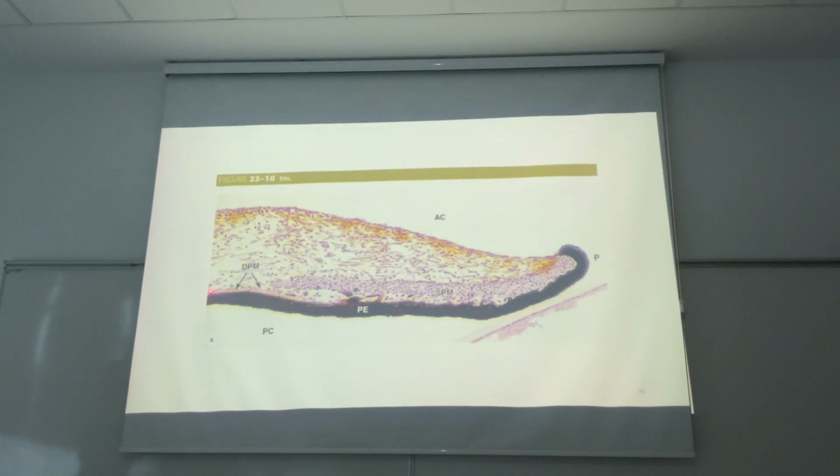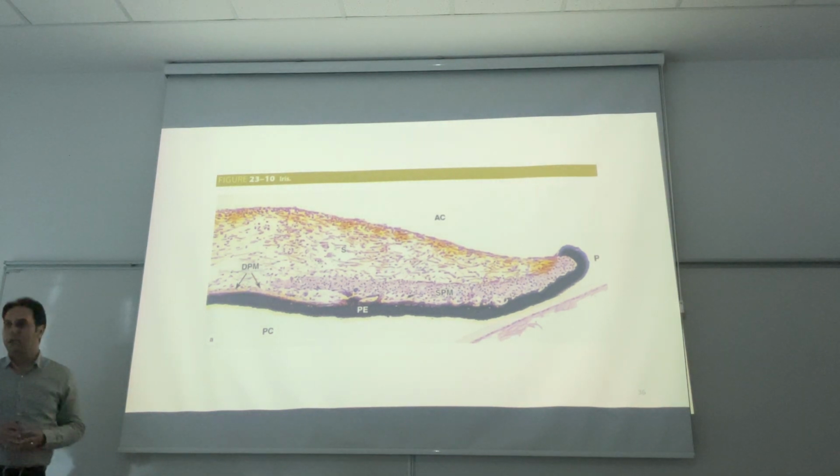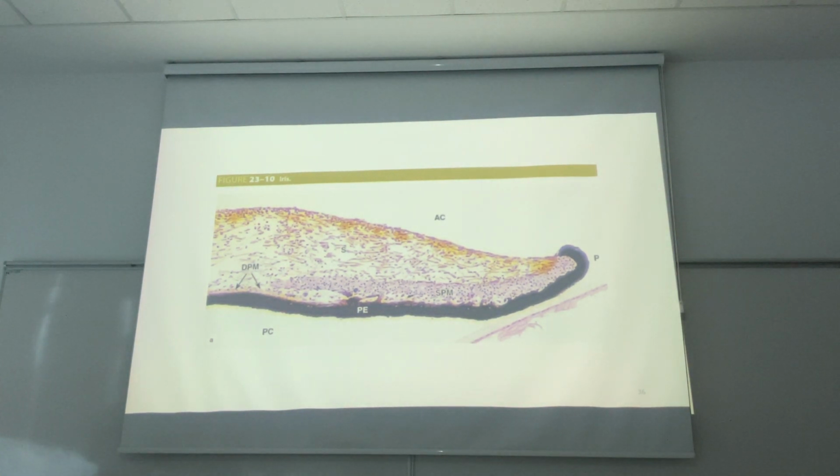Okay, this is our iris section. This part is the anterior chamber, this part is the posterior chamber, and this is our lens. This part is the anterior side of the iris, and here is the posterior side of the iris. In the anterior side of the iris, we have connective tissue filled with melanocytes.